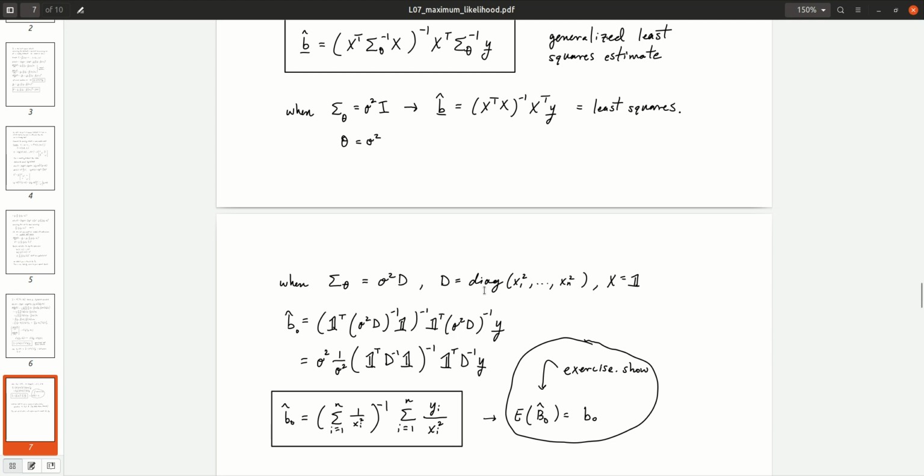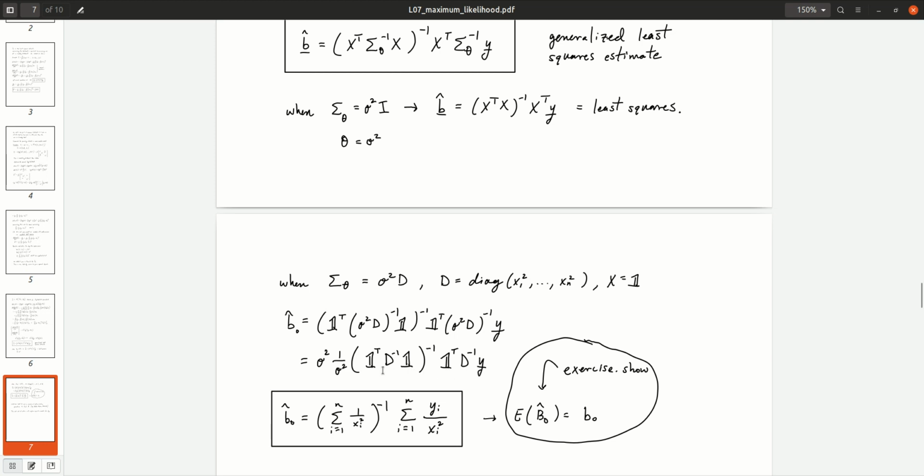And D inverse is going to be diagonal 1 over x1 squared up to 1 over xn squared, because it's a diagonal matrix. So you're going to get a 1 over sigma squared pulled out here, and then you're going to get a 1 over sigma squared because there's another inverse. So that's where this sigma squared comes from. And so you have D inverse there. Here, this is just a 1 over sigma squared times D inverse. So that's this one. So these two cancel. And you're left with this expression.